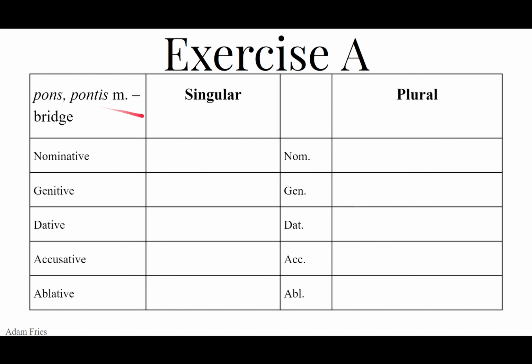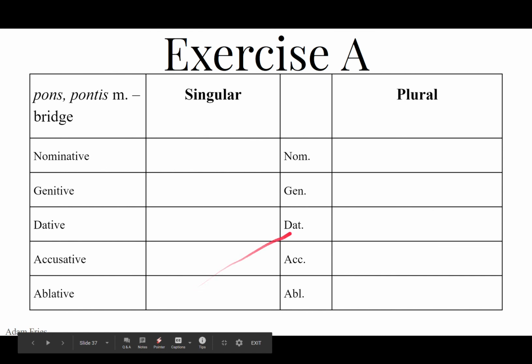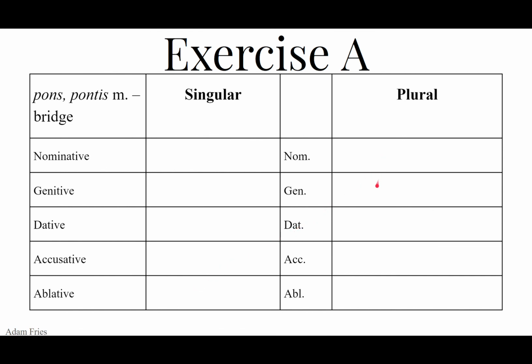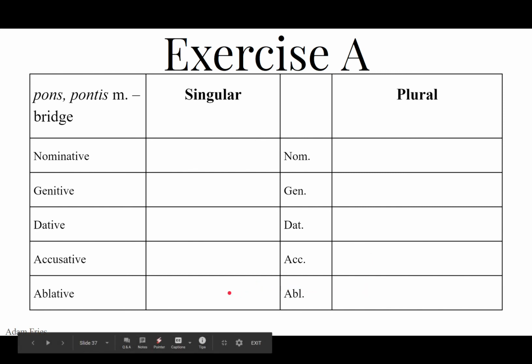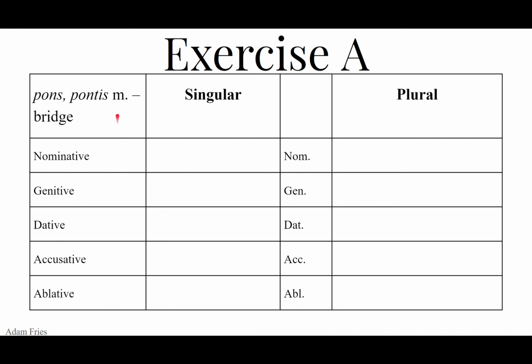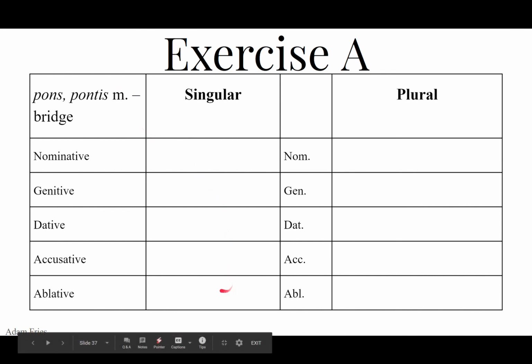So either way, pons, pontis, ponti, pontem, ponte, pontes, pontium, pontibus, pontes, pontibus. Remember that ablative singular is the letter E, ponte, if it's a masculine feminine. The neuter I stems have the letter I pronounced E as the ablative singular.